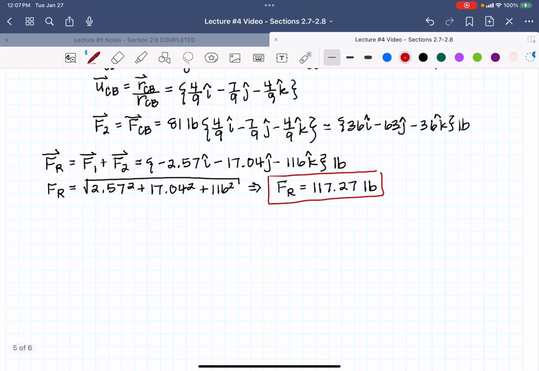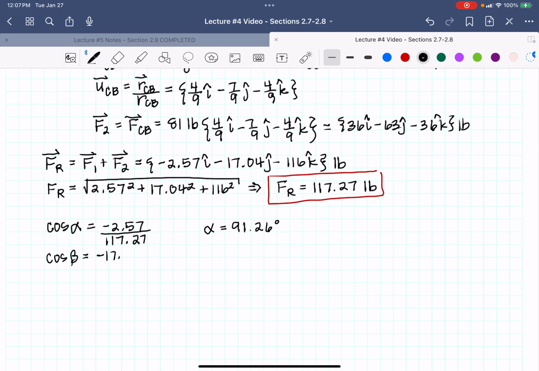Now I need to find the angles. So we're going to find cosine of alpha. I'm going to take the x component, which is negative 2.57, over the resultant, which is 117.27. And so alpha equals 91.26 degrees. I'm going to do the same thing with beta.